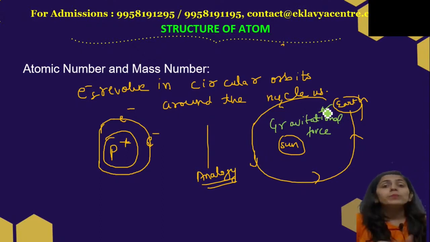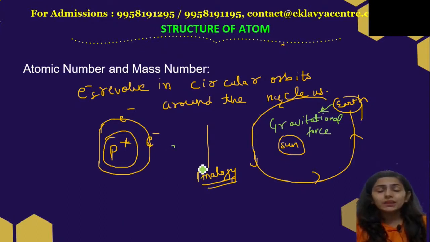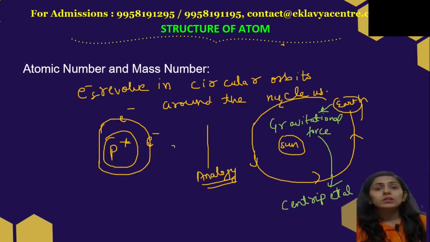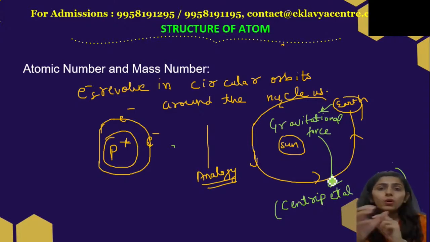If so, can you imagine any life existing on Earth? No, it's not possible. So what actually happens is that this gravitational force gets converted into centripetal force. Due to this centripetal force, the Earth is able to revolve around the sun in circular orbits.